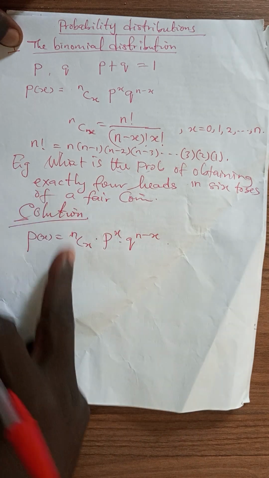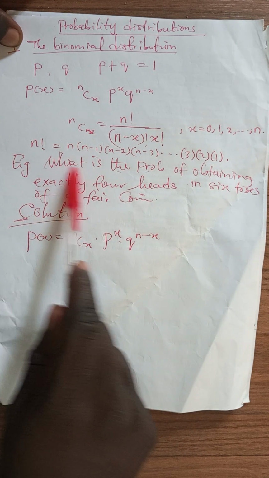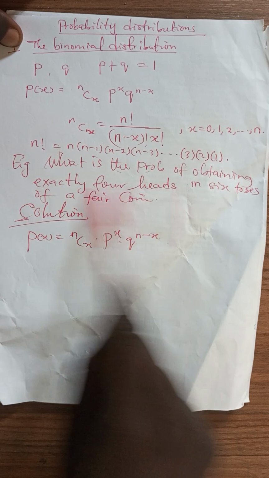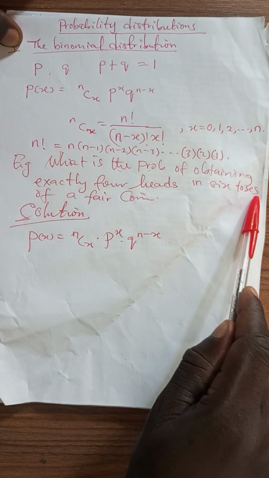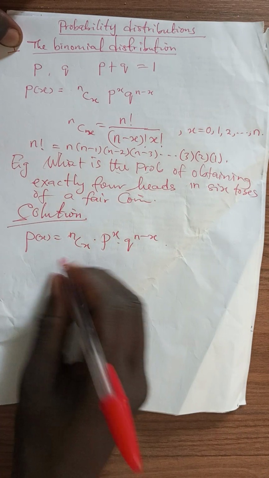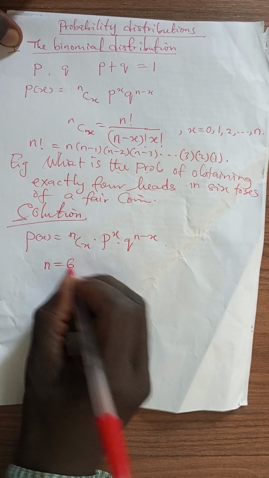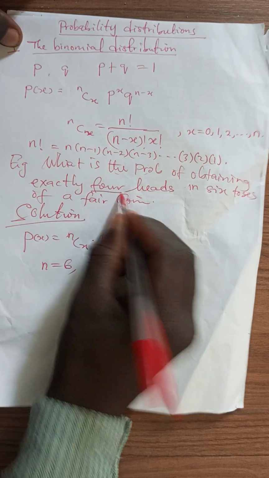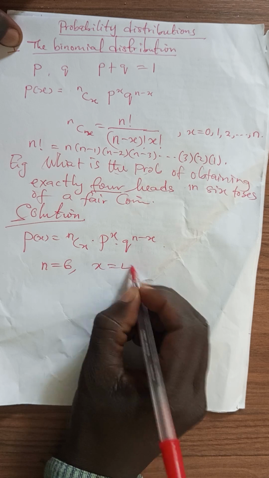In this problem, 6 tosses, so N is equal to 6. And exactly how many heads? 4 heads. So our X is equal to 4.